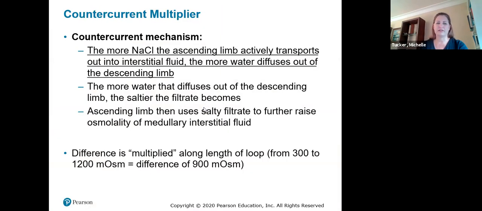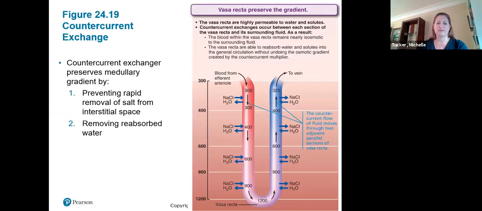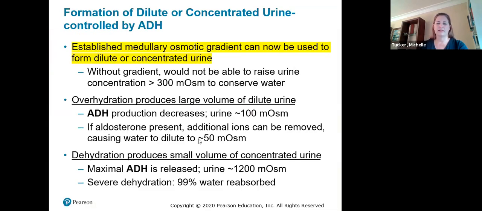If we are suffering from significant dehydration, then aldosterone can be secreted, and that will allow for additional ions and then water to move. But most of the time, I think I might have said extremely dehydrated, extremely overhydrated, then we can make it even less dilute.